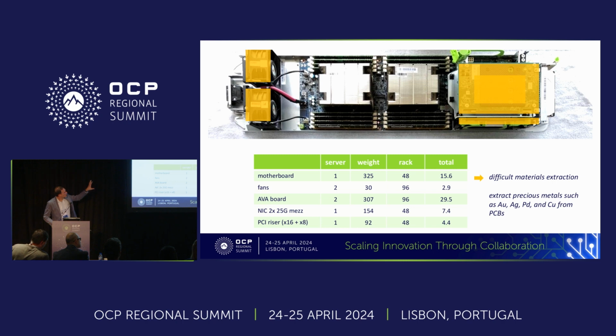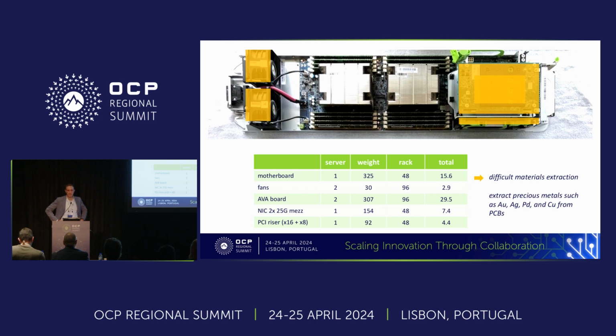Now, other components such as motherboards and fans, it's not very common to reuse those. We mainly recycle the motherboards for materials extraction, getting precious metals such as gold, silver, palladium, copper from these PCBs. But it's not necessarily the cleanest way.